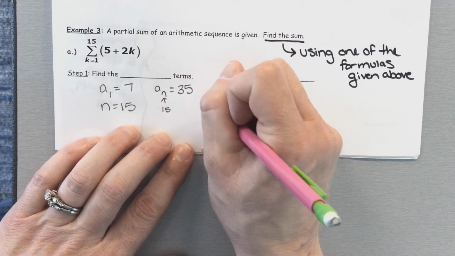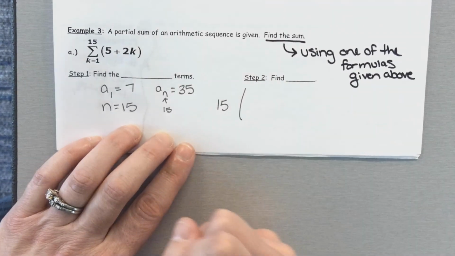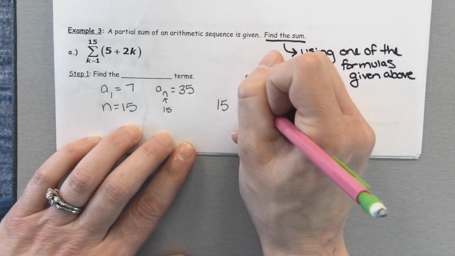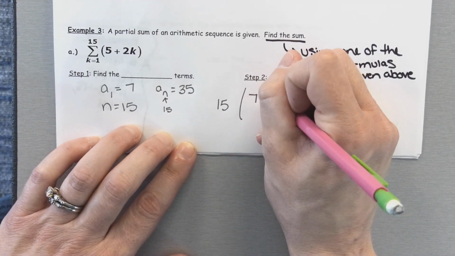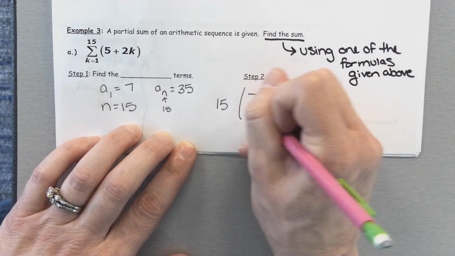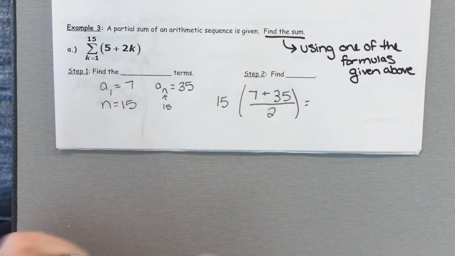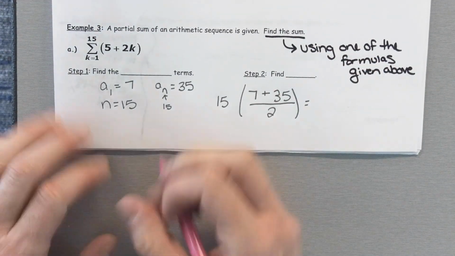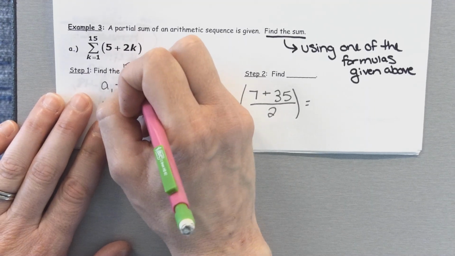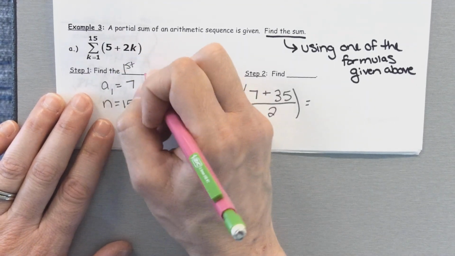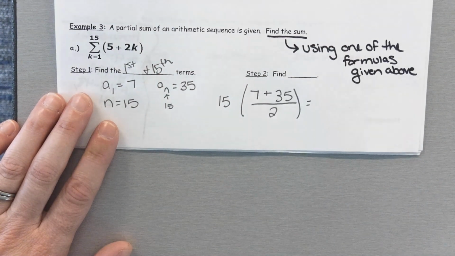So I've got n, so n is 15, times a1 plus a2. What was my a1? Plus my a2, 35, all over 2. So again, make sure you type it into your calculator correctly. So basically what we did is we found the first and 15th terms, if you want to fill in the blanks.